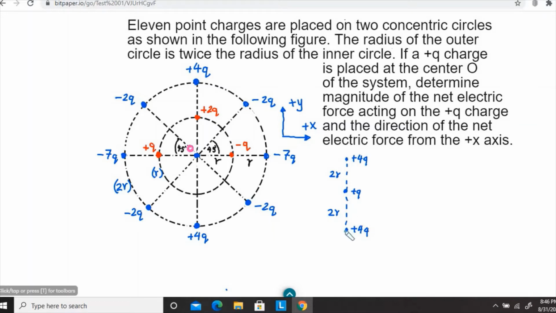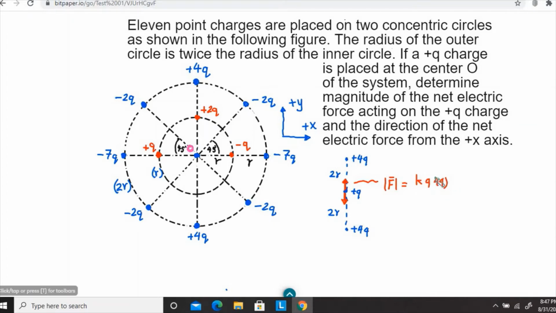So there's a repulsive force. This 4q will exert a repulsive force on the charge at the center. Similarly, this 4q is going to exert a repulsive force in the downward direction like this. Now these two forces will cancel out with one another. You should be able to write down the magnitude of that force from Coulomb's law: k Q times 4q.